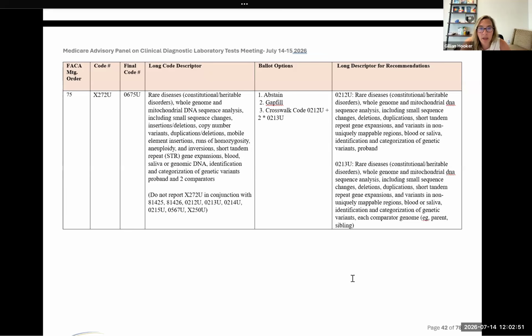So that was the submitted recommendation. The subcommittee and myself agreed with that recommendation and recommend that crosswalk. Thank you. All right, does anyone have any questions or comments from other panel members or from CMS? If not, panel members, please cast your votes.